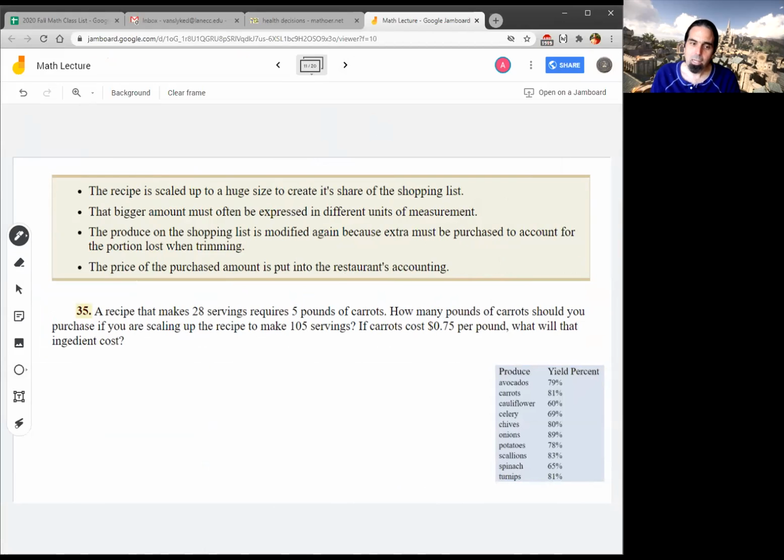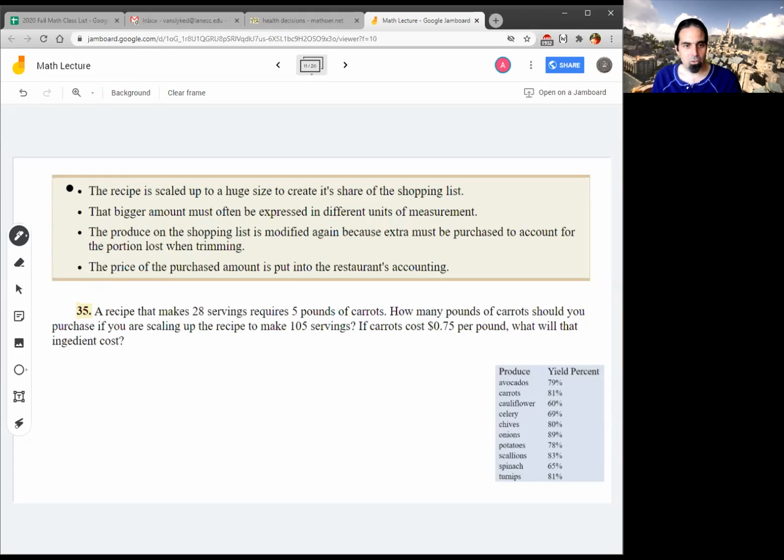How many pounds of carrots should you purchase if we're scaling it up to make 105 servings? And if carrots cost 75 cents a pound, what will the carrot part cost? Everyone okay with this multiple part question? Okay, so like eating an elephant, we'll just do it one bite at a time.